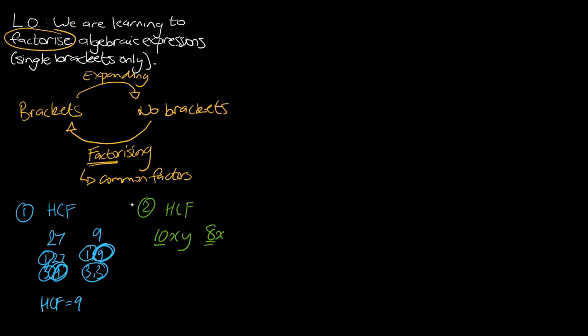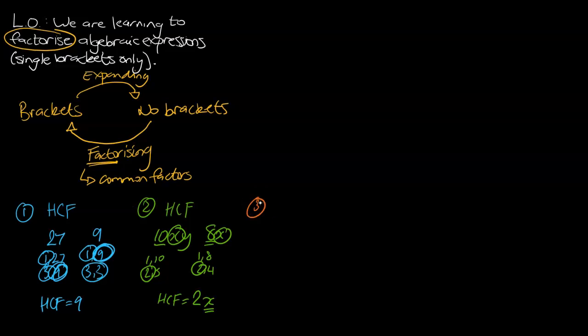Like, what do they have in common? That's 1 times 10, 2 times 5. That there is 1 times 8, 2 times 4. So the highest common factor in terms of the number is going to be 2, but we can see they've also got an x in common. So that means the highest common factor that we need to take out is going to be 2, and the x that they have in common.